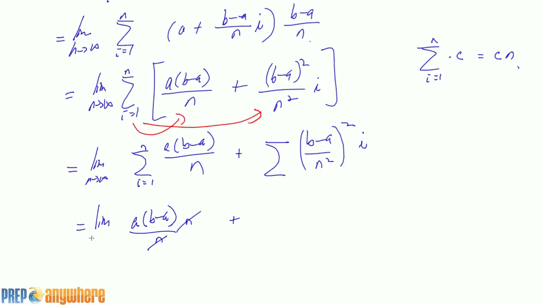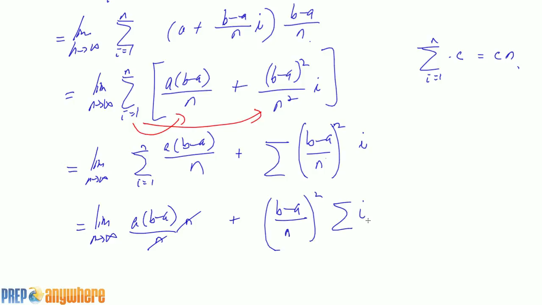So we're still doing the limit. Here, we can actually pull out the (b minus a) squared over n squared in front of the sigma, and we can use a formula for this one.